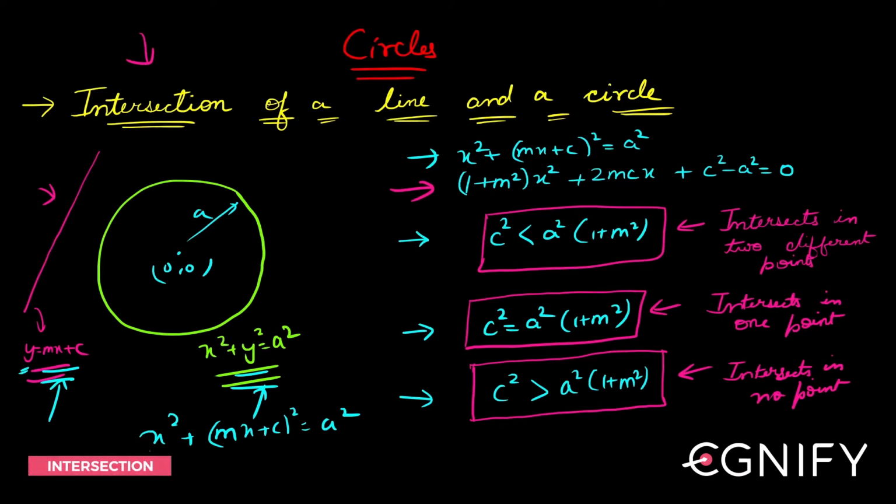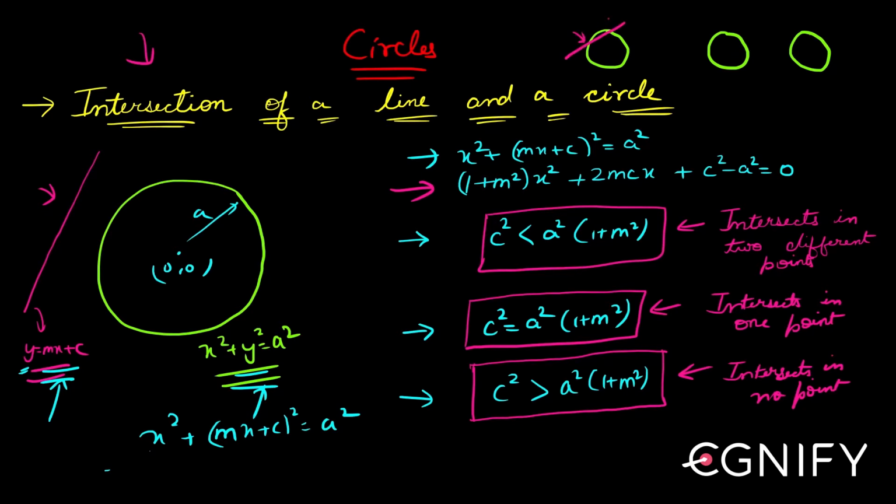Now, there are 3 ways in which the line can intersect the circle. In the first case, the line will intersect the circle in 2 points.